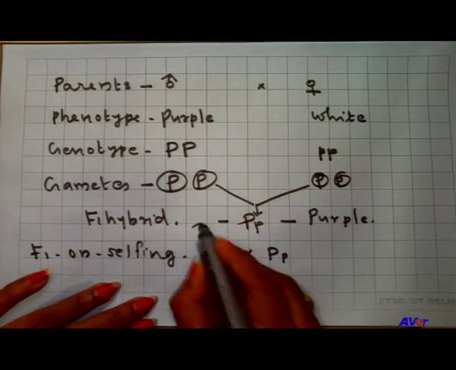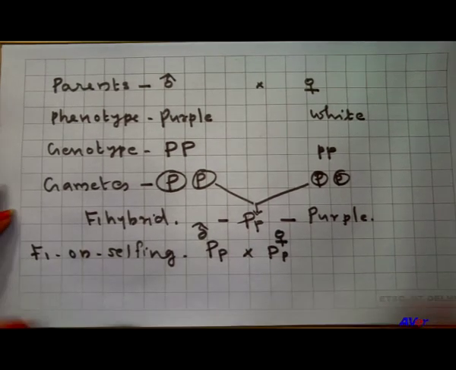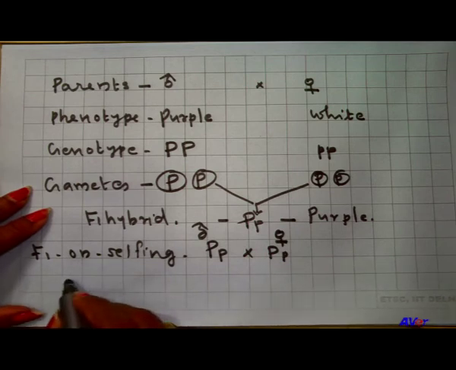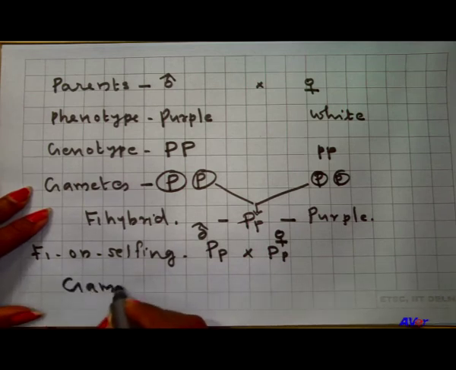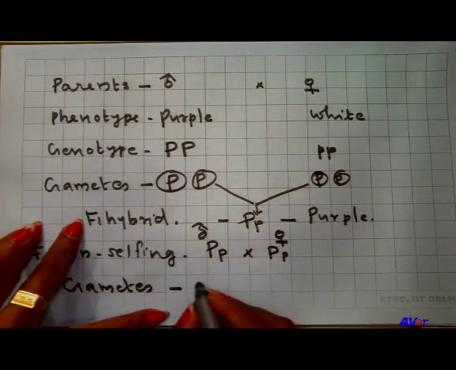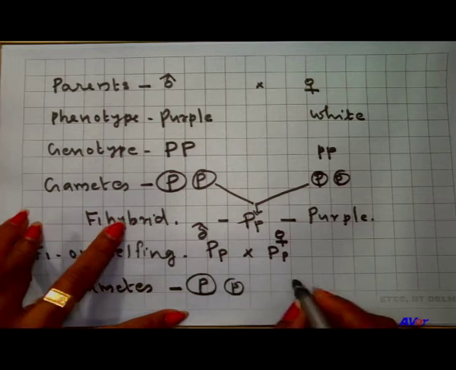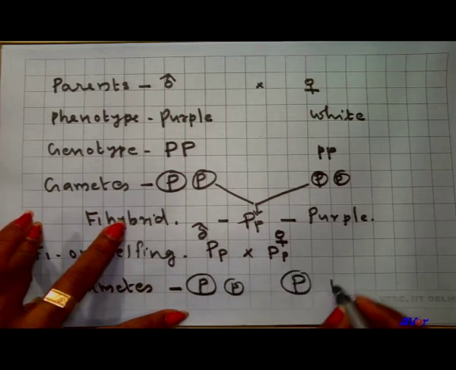One is considered as male and the other as female. Now, gametes, capital P as one gamete, small p as another gamete, here also like this.